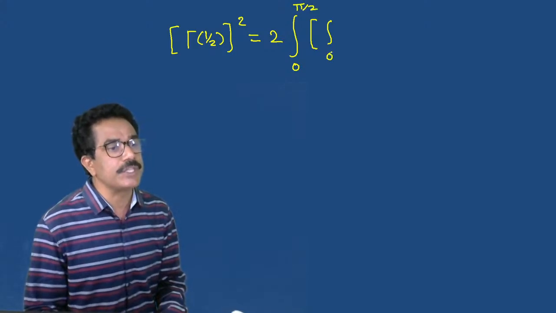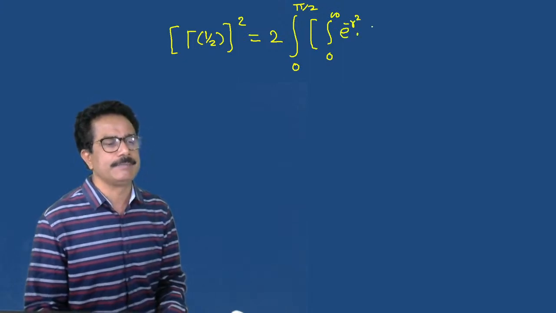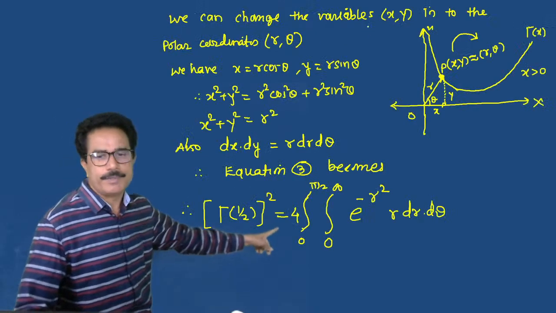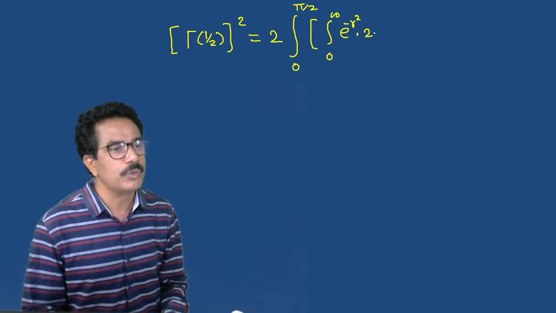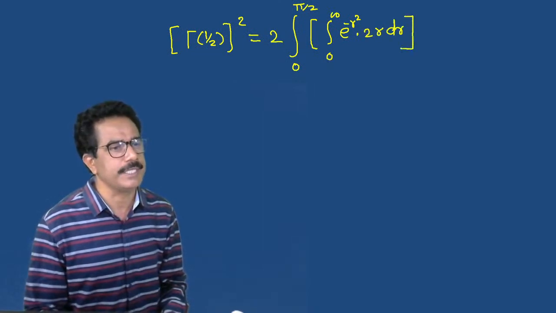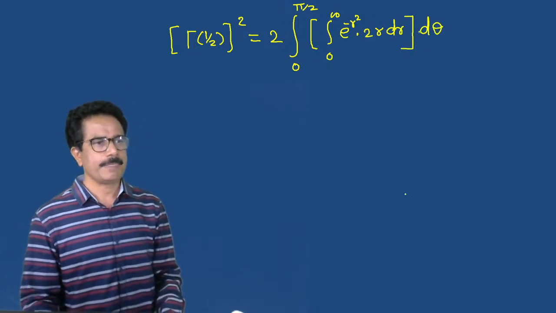The second integral is with respect to r, 0 to infinity, e raised to minus r square. Actually here it was 4, this 4 is replaced in terms of 2 into 2r dr, into d theta as it is.